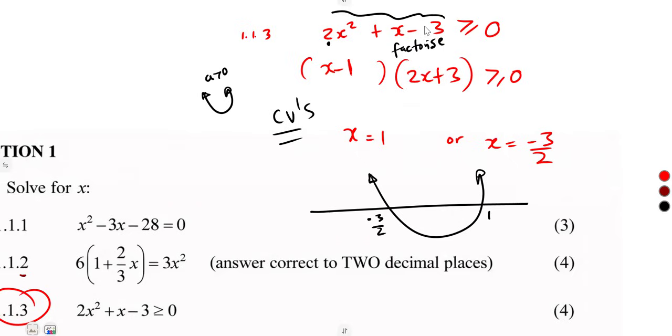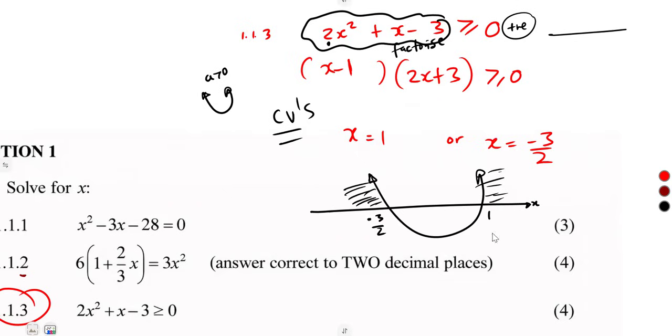And we are given that this whole part is greater than or equal to 0. It is greater than, meaning to say it is positive, above the x-axis. We need the region that is above the x-axis. So this is our x-axis, remember. So above, our solutions will be this side and this side.